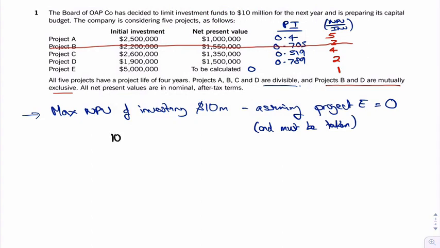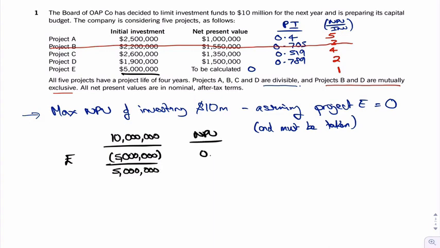Okay, so we have our rankings and now we just work out the amount that we'd have. So we have 10 million to spend. And we said, right, first of all, we have to do project E, which will cost me 5 million. That will leave me with 5 million left. And that will get me an NPV, unfortunately, of nothing.